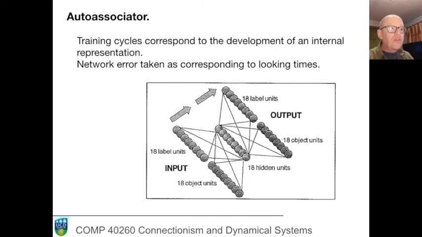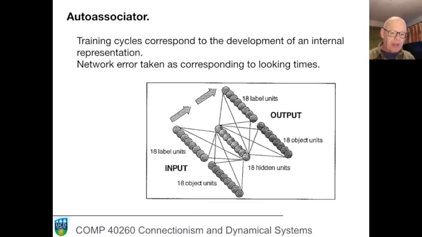So the number of training cycles that this needs to reduce error in its task of reproducing the output at the input is taken by the connectionist modelers as a proxy for the development of an internal representation. Even less obviously, the error that we observe at the output is taken as a proxy for the looking time of the infant.